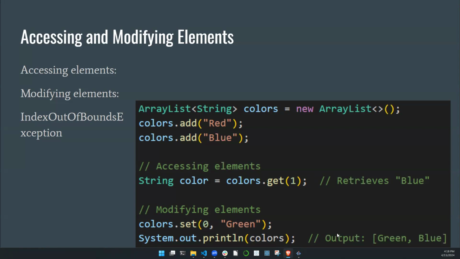We can see that now the output is green blue instead of red blue. One thing to keep in mind is that you want to handle indexes carefully, because accessing an invalid index can throw an IndexOutOfBoundsException, which we want to avoid in our programs.